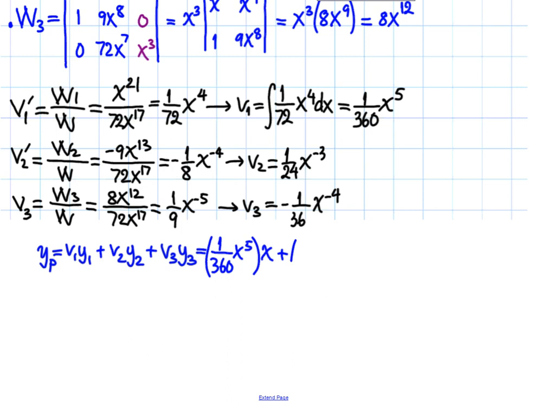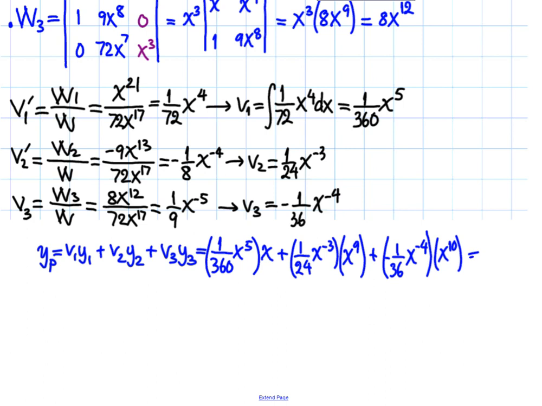V2 is 1 over 24 x to the negative 3 times x to the 9. And then negative 1 over 36 x to the negative 4 times x to the 10th power. Good thing is that all of them have the x to the 6th power, and then we just add all the coefficients. We should get 1 over 60 x to the 6th power. And that is our particular solution.